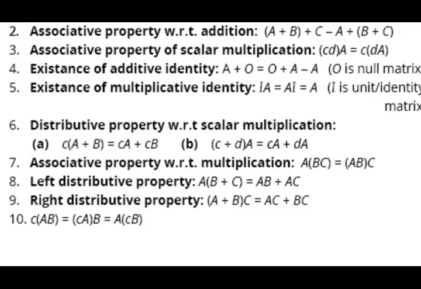Right distributive property: we multiply A plus B from the right side with C. Both properties are satisfied in matrices. And then property 10: a scalar number c multiplied by the product AB gives the same answer, the associative property.